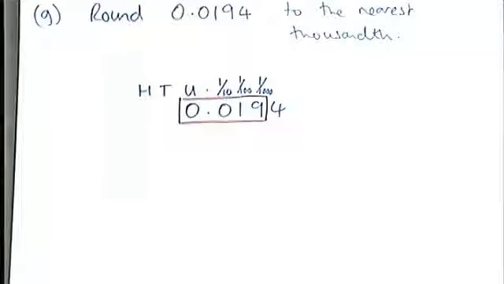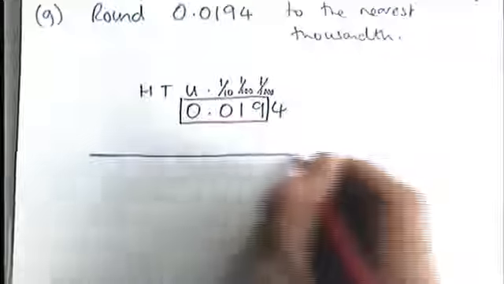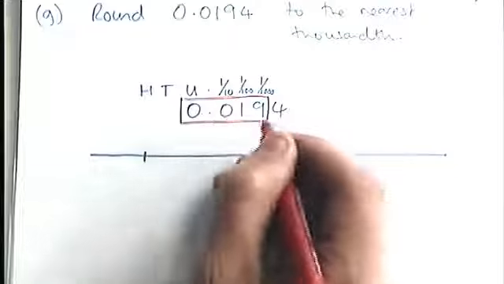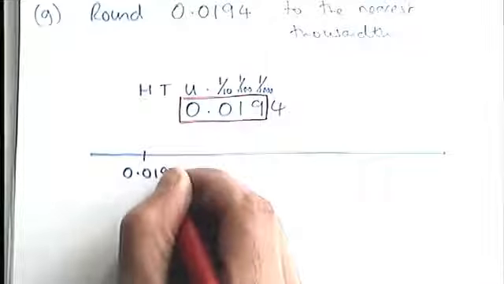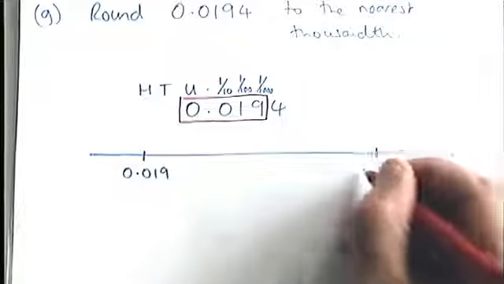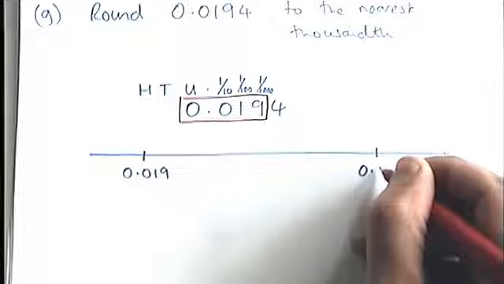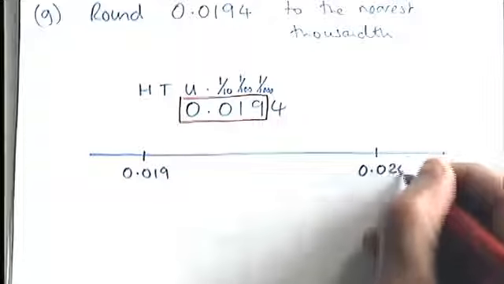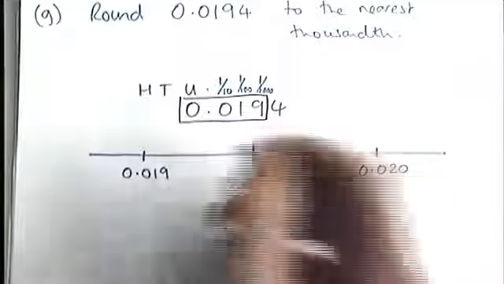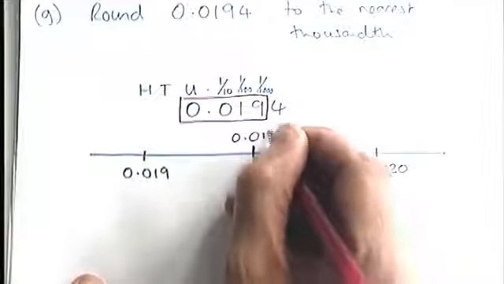Okay, that 9 is the thousandths column, so I'm rounding like this, and again I put my number line. Now, probably 0.019. That's what my initial thinking is, but you've always got to check. You've got to check whether this is going to go up to the next number, which is 0.020, like that. And what you do is you go halfway, which is 0.0195.